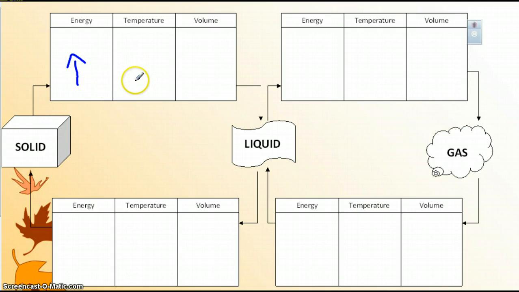We are also increasing our temperature, and we are increasing the amount of space that the matter takes up because the molecules are getting further apart. That solid is becoming a liquid, and we call this the melting point.